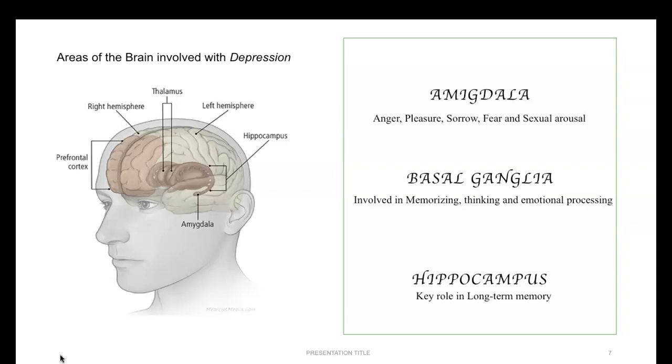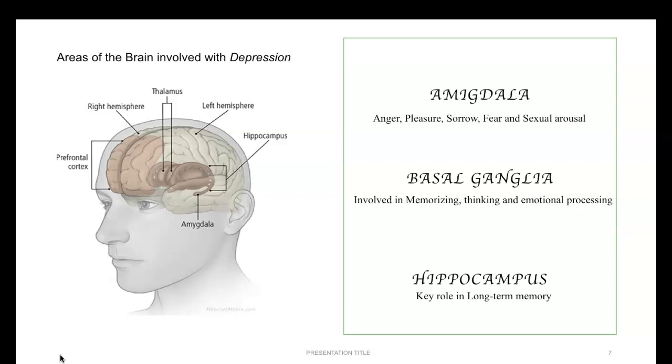The second is the basal ganglia, a group of structures deep in the brain connected to structures closer to the brain surface. It is involved in memorizing, thinking, and emotional processes.